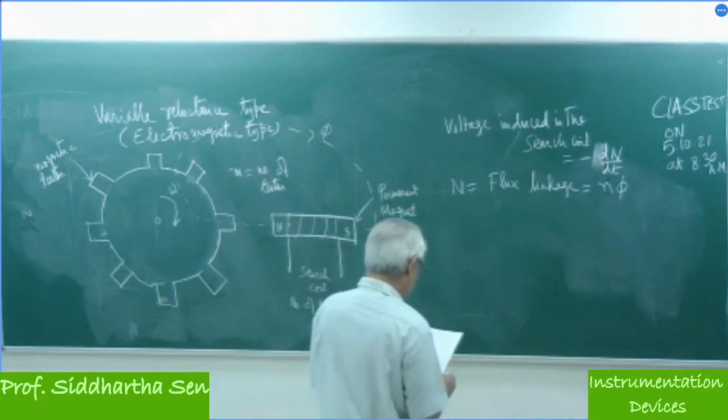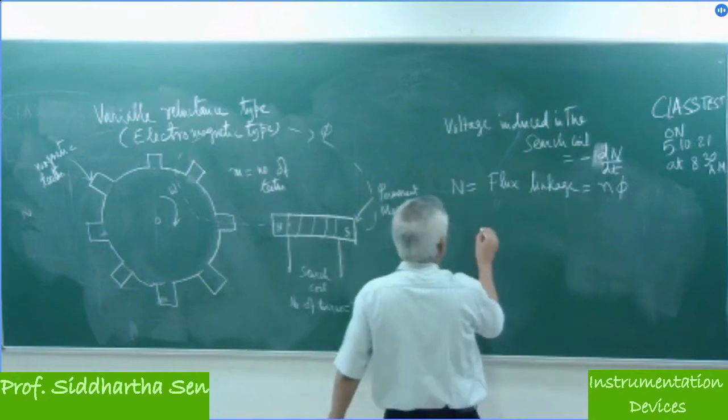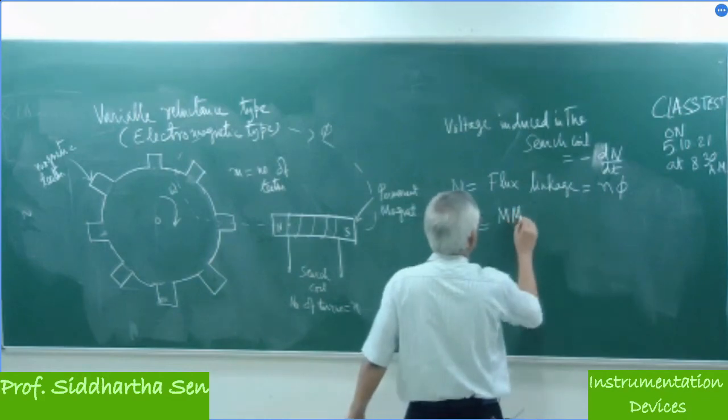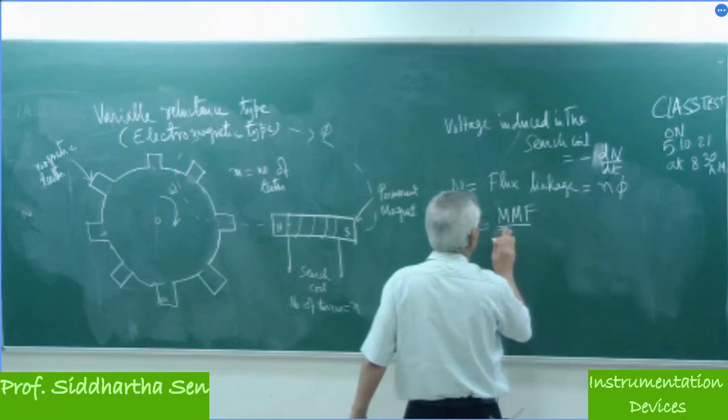And this flux linkage is basically equal to the MMF divided by the reluctance.